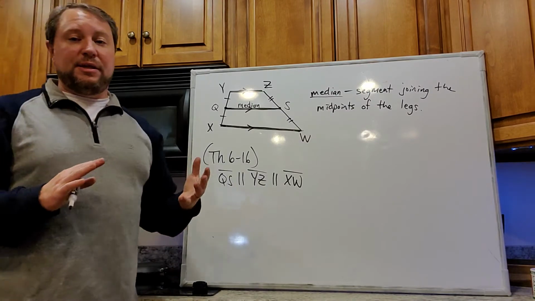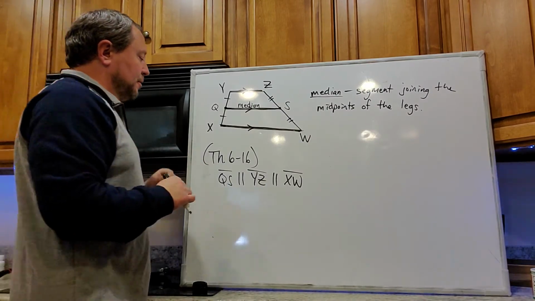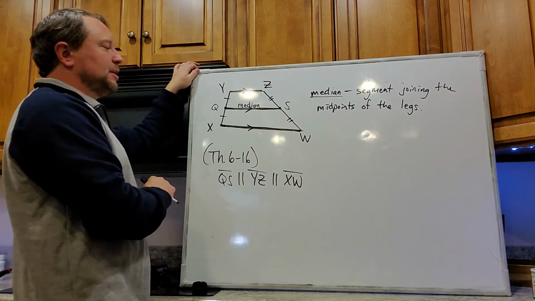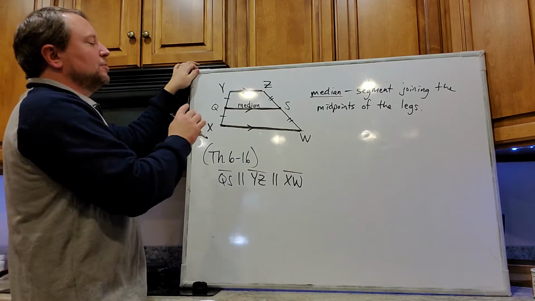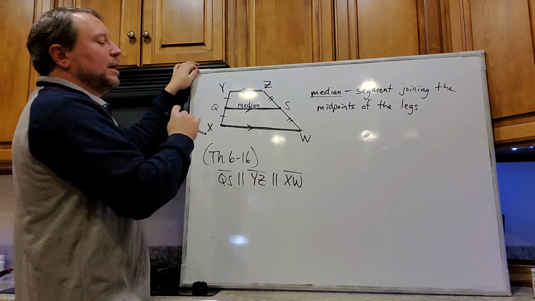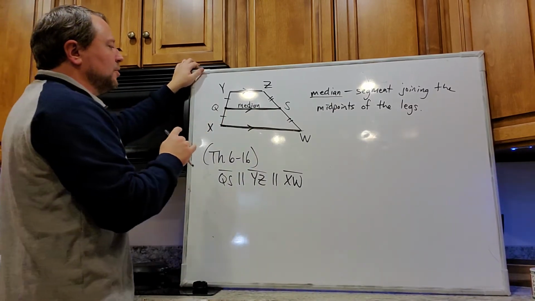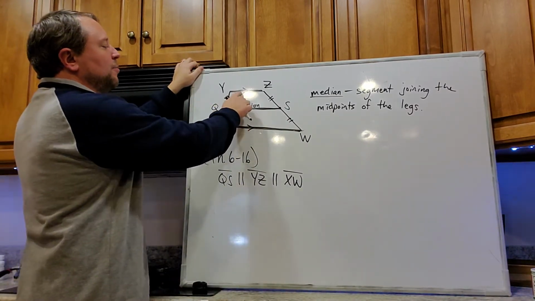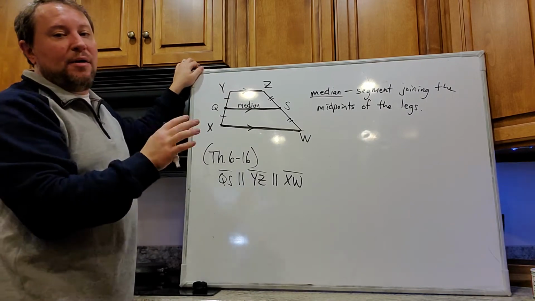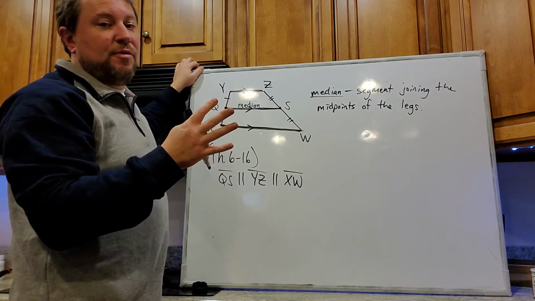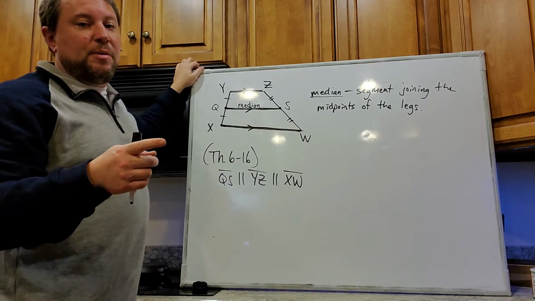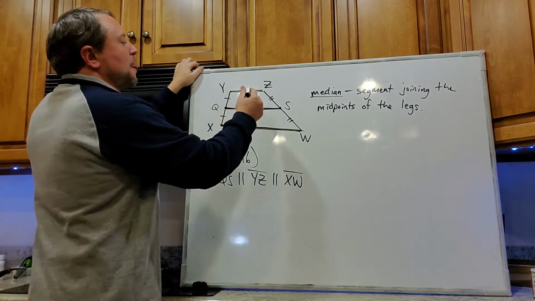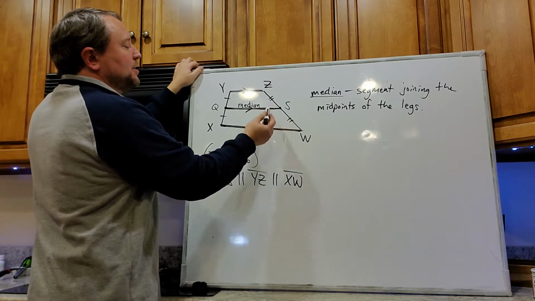But that's not the only thing that's true about it. According to theorem 16.6, not only do all these run parallel, but there's also something true about the length of that median. Before I go into that, let me point out real quickly, if these all run parallel, keep in mind that parallel lines, like I've said before in our 10 Commandments, lead to congruent angles. Remember, chapter 3 was all about that. So you should have all kinds of matching angles.